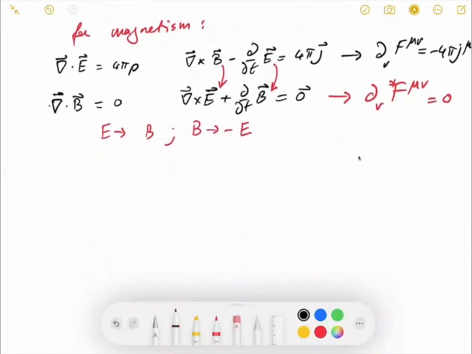Okay, so this is now both Gauss's law for magnetism and Faraday's law. They're encoded in there.